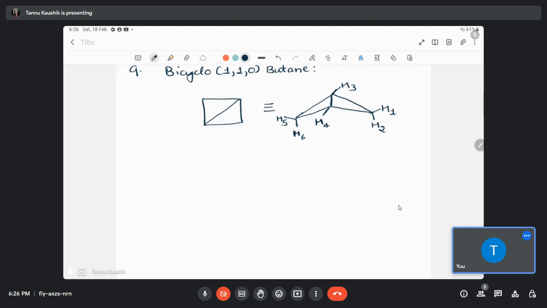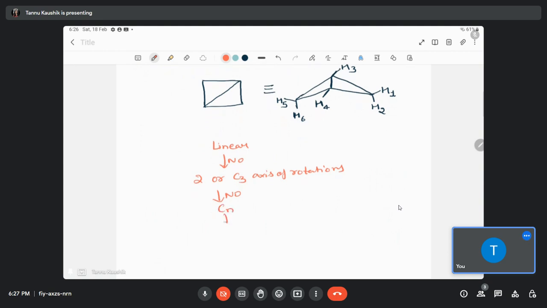So let us find out the point group here. Since the molecule is not linear, do we have two or more C3 axes of rotation? No, we don't have any C3 axis of rotation in this molecule.